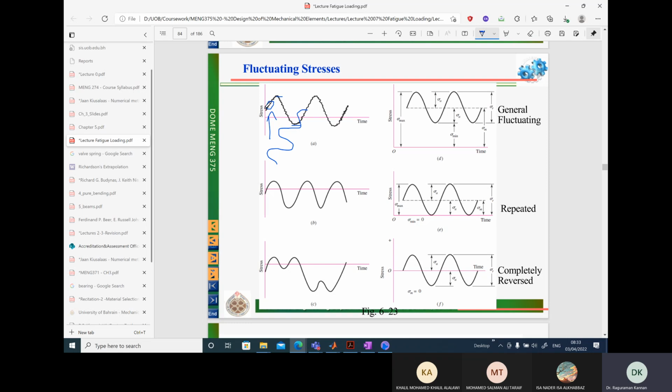So when you have conditions like this, especially in vibration, how do we deal with it? Before we go to complex patterns, we will first look at a pattern like this or this, where here the minimum stress is 0, and over here the minimum stress is non-zero.